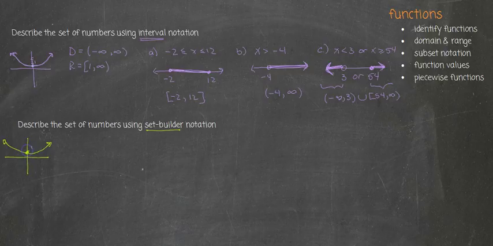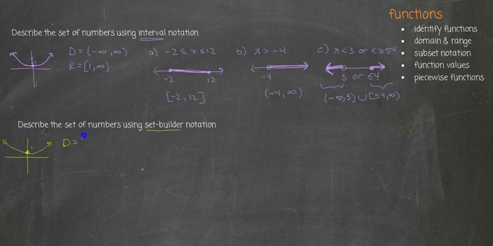Let's call this 1. So if I wanted to create set builder notation, first, set builder has brackets on both ends, and I'll close this bracket when I'm ready. And you have to describe what you're looking at. So in this case, if I were looking at the domain, I know that I'm looking at x values.